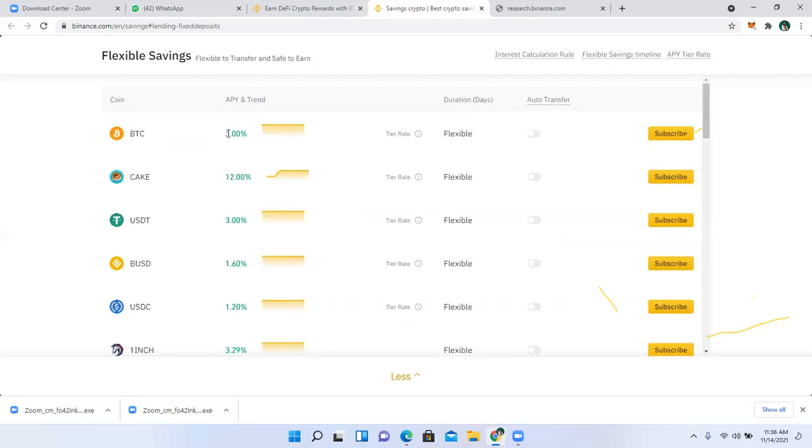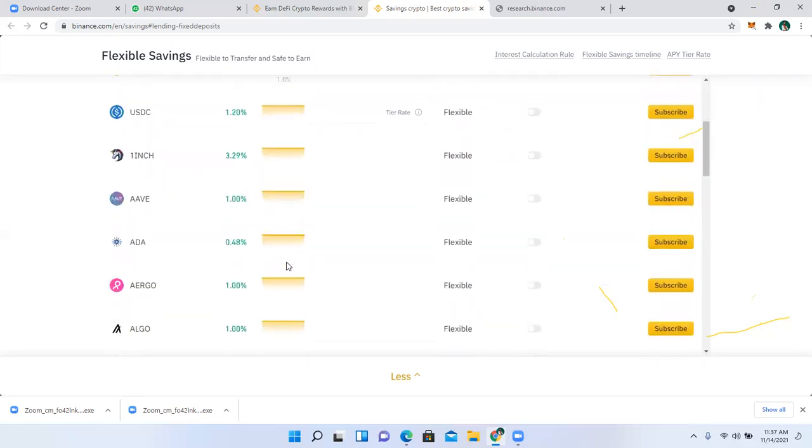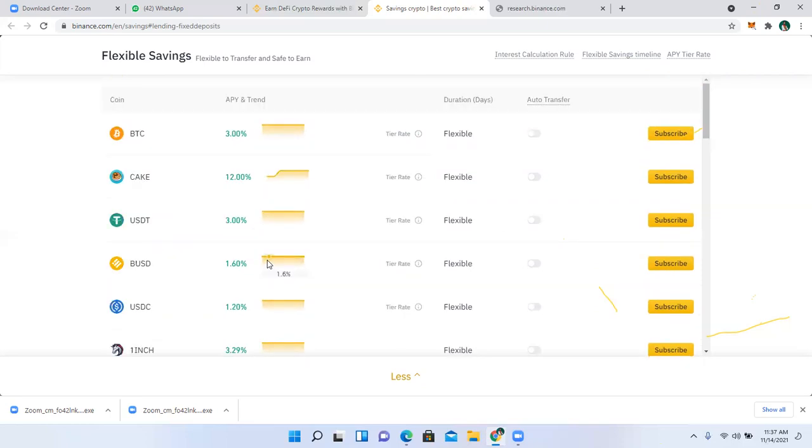It means that in the space of one year, I'll earn 3% of whatever BTC I save, but the gains are accumulated daily. So if I have BTC I want to save, I can just subscribe to it and save. If I have Cake or USDT I want to save, whatever coin is available at that point, I can easily save with it.